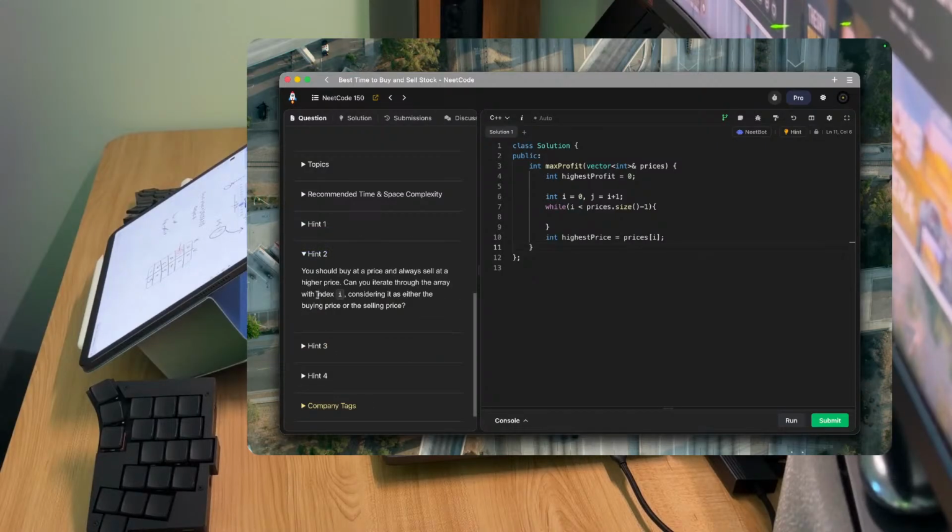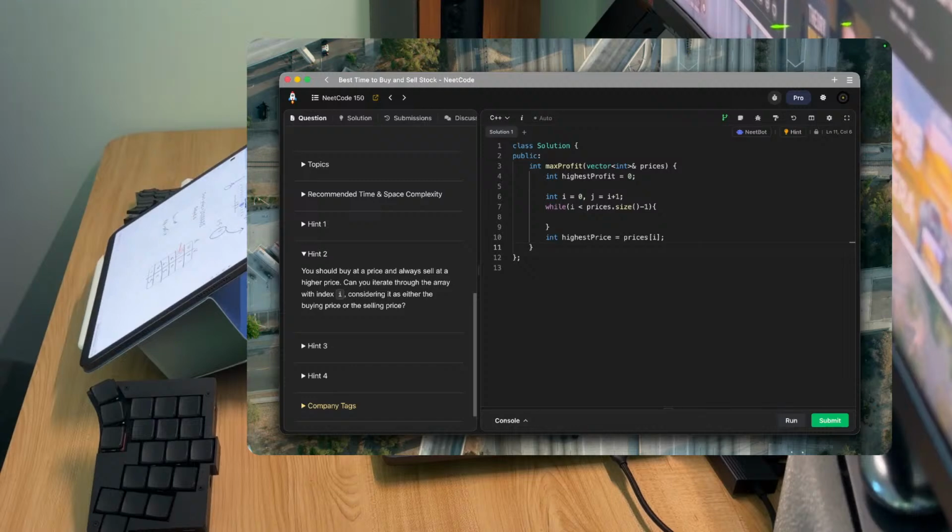Okay, hint 2: you buy at a price and always sell at a higher price. Can you iterate through the array with index i, considering it as either the buying... Wait a minute. Okay.